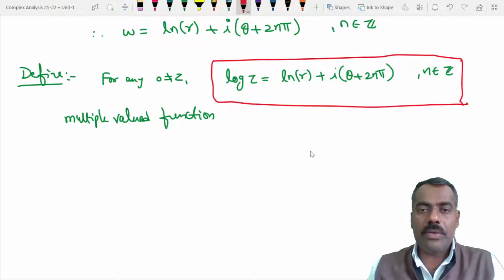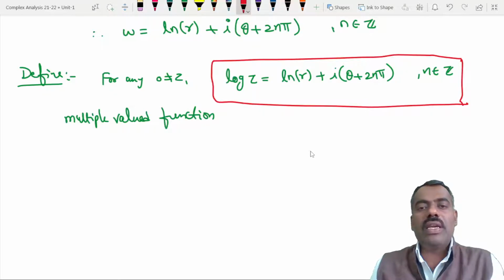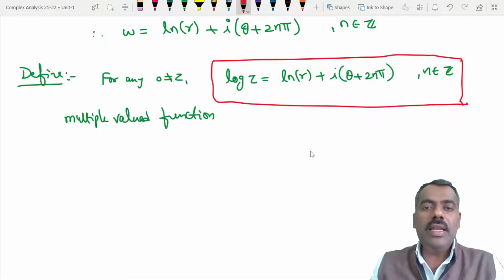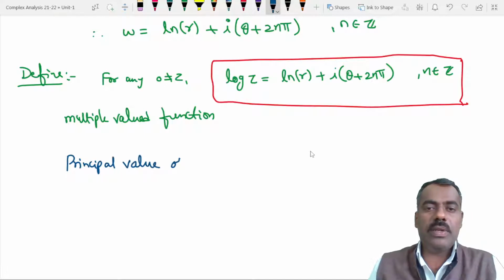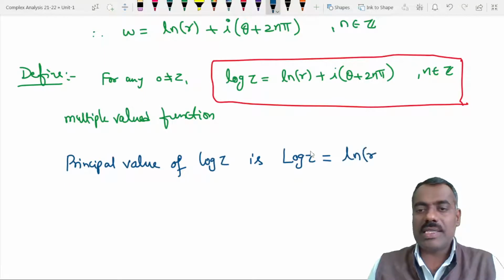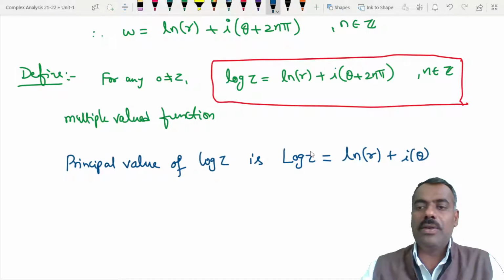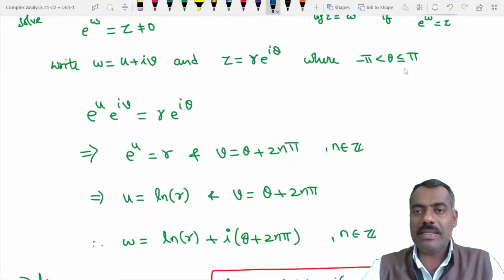Okay, so whenever we have this log, and it is a multiple valued function, we can always have single valued functions, or we can talk about the principal value. So we can also define what is meant by the principal value. The principal value of log z is capital Log z, and of course one can easily guess that this is the same as natural logarithm of r plus i times theta, where theta is the principal argument of the given z, between minus pi and pi.